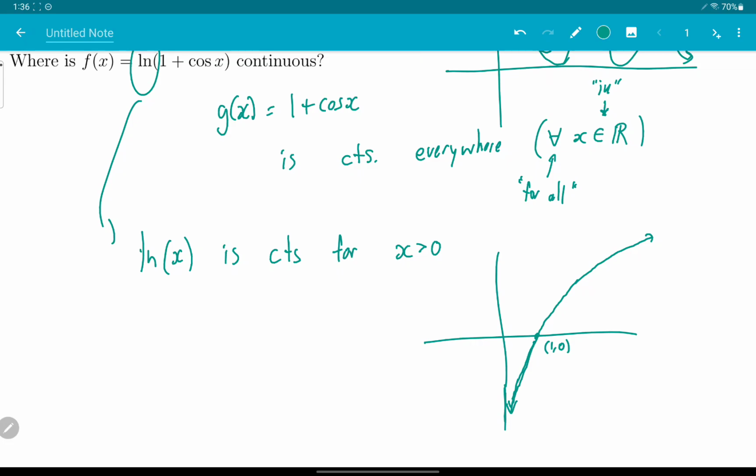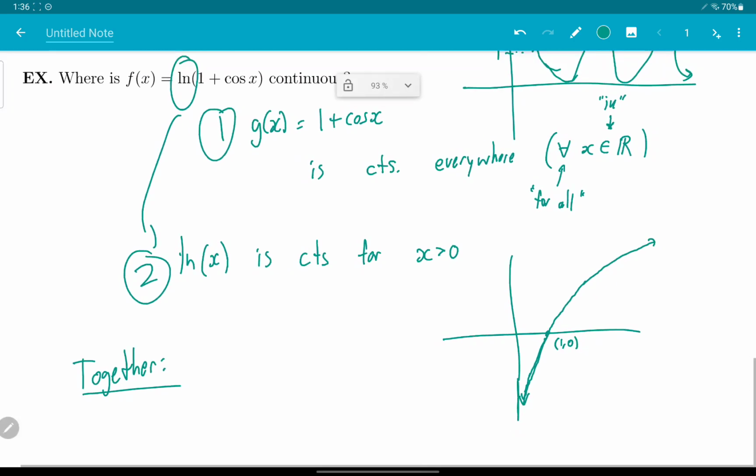Now I'm going to put these two things together. Let's call them 1 and 2. And we'll see together. Now let's remember our theorem says that my composite function up here is continuous at x equals a if g of a is continuous and f is continuous at g of a.